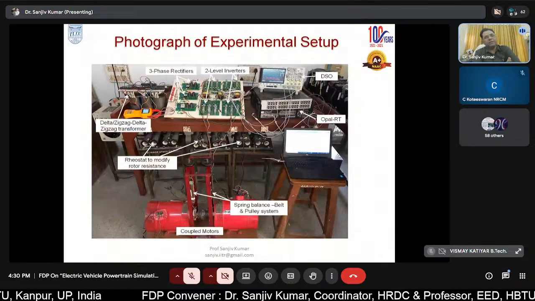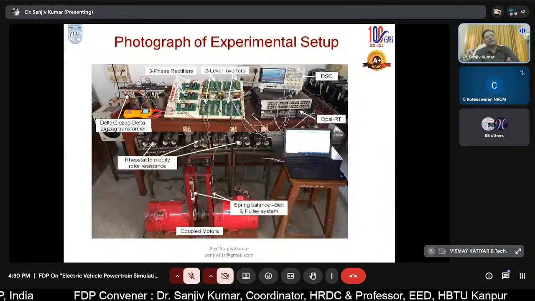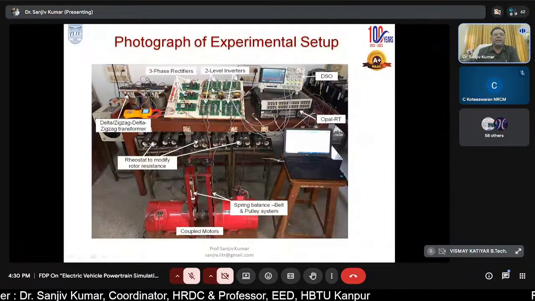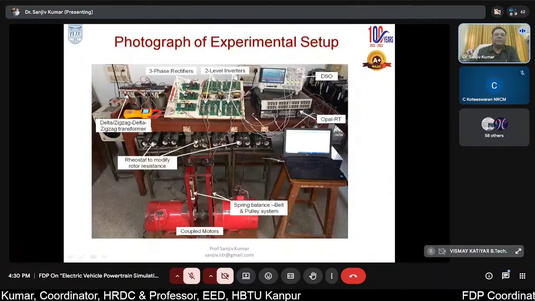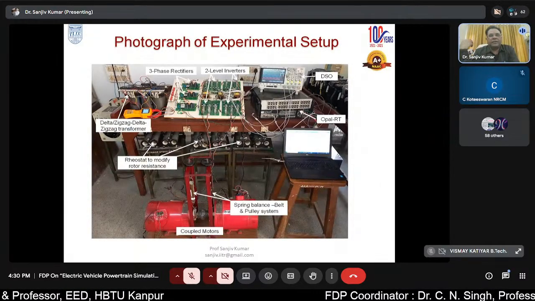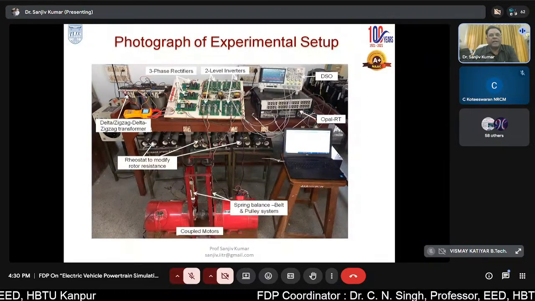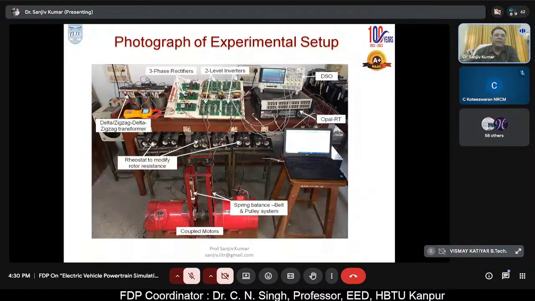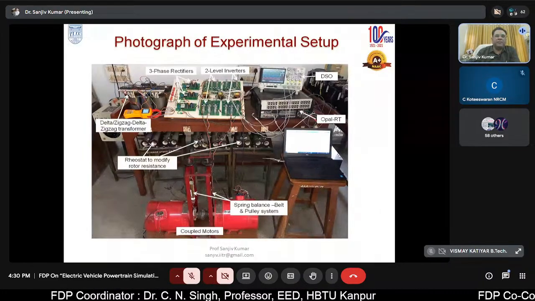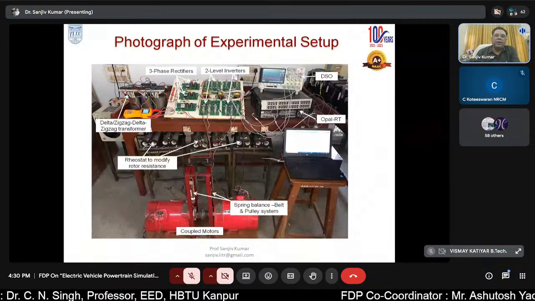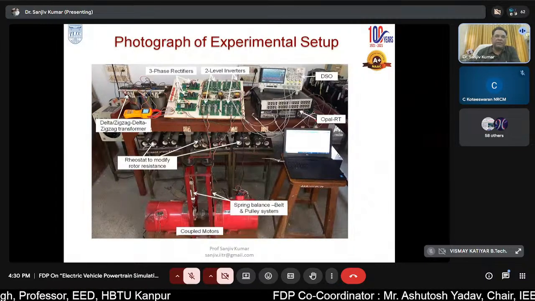Very good publications we got using all these things, and you can see the size of the rectifier and these inverters. These are designed by us and we just gave the order to a supplier, and they manufactured them for us. But we designed the entire inverter circuit and everything, and they developed it on chip.